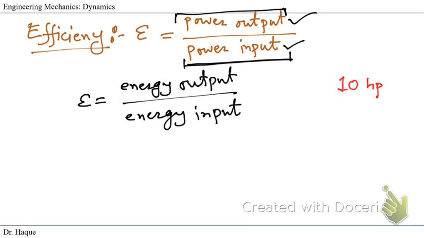For example, in our car engine, we provide fuel, and by burning the fuel the car moves forward, but there's also heat loss. Our engine gets heated up, and then our radiator cools it down, so there is loss. We cannot use 100% of the energy that the fuel has to drive the car forward.